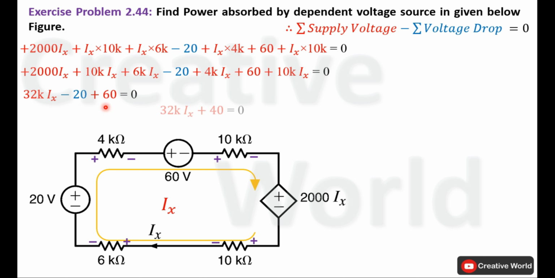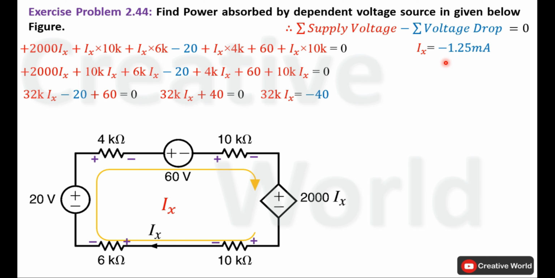The equation will become 32k Ix plus 40 equal to 0. Place plus 40 on the other side of equal, the equation will become 32k Ix equal to minus 40, and divide both sides by 32k to calculate the value of current Ix, that will become minus 1.25 milliampere.